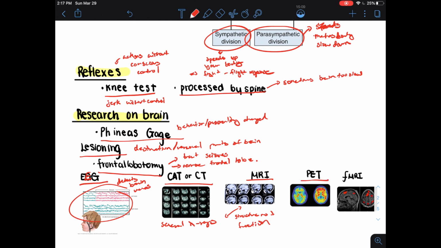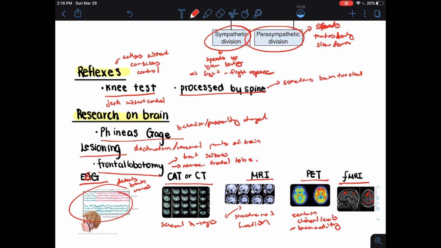However, the next one, the PET scan, the positron emission tomography scan, measures the levels of certain chemicals that the brain is using, and as you can see from these colors, this shows brain activity.